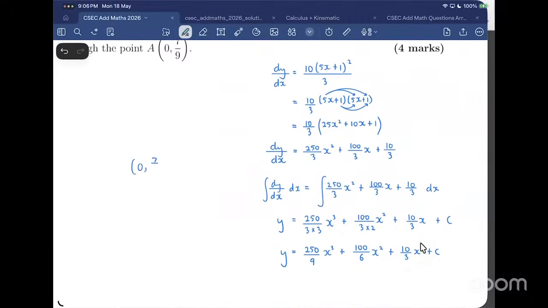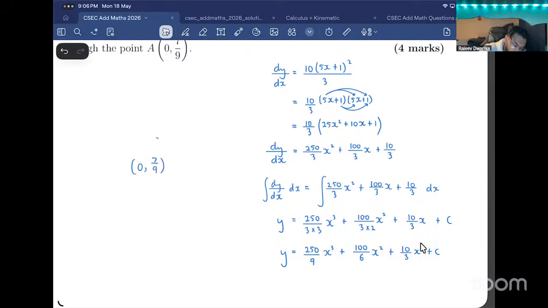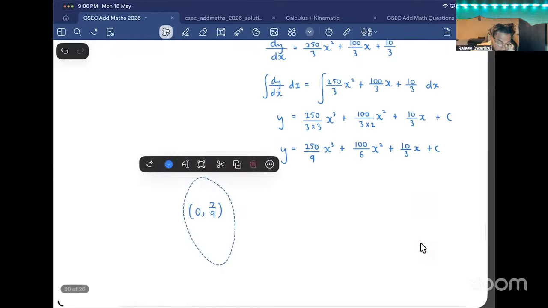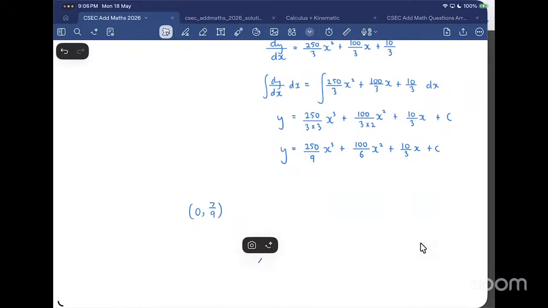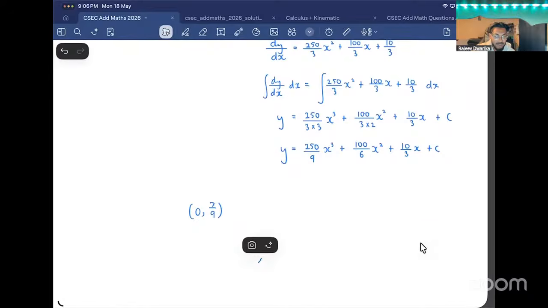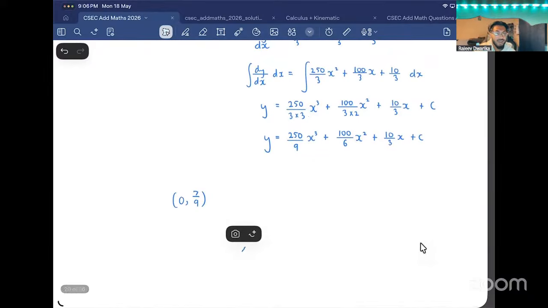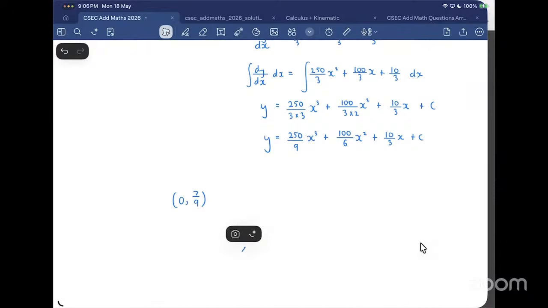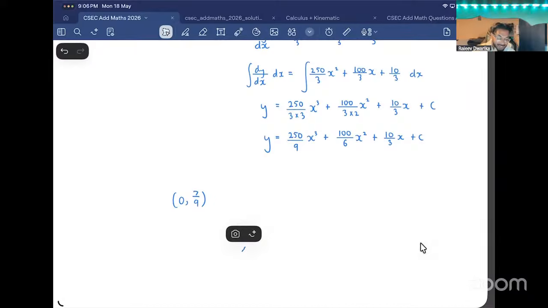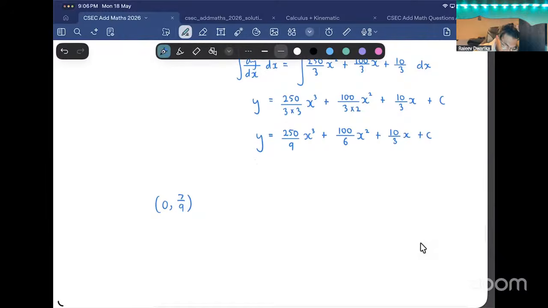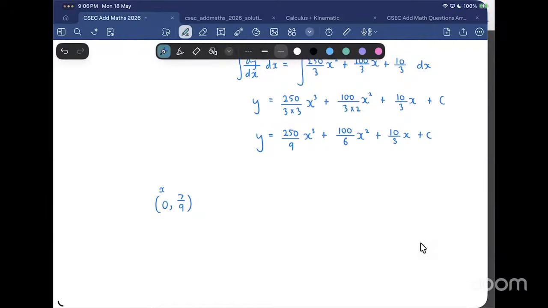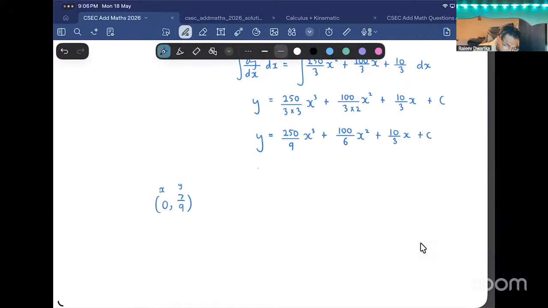And the point they're giving me is 0, 7 over 9. Now, truthfully, that is actually the y intercept. I'm not sure if you see that. Oh, because x is 0. Yes, sir. So immediately I know c is already gonna be 7 over 9. Right, watch. x is 0 and y is 7 over 9.